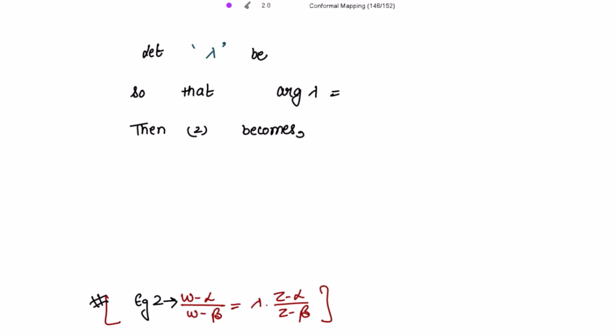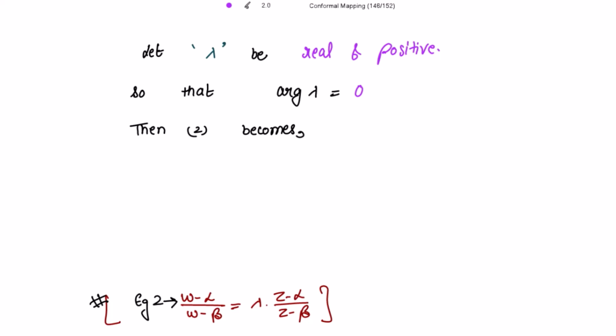And here let lambda be real and positive. In that case, lambda is a finite constant, so the argument of lambda is equal to 0. So in case of hyperbolic transformation, we take argument of lambda to be equal to 0.